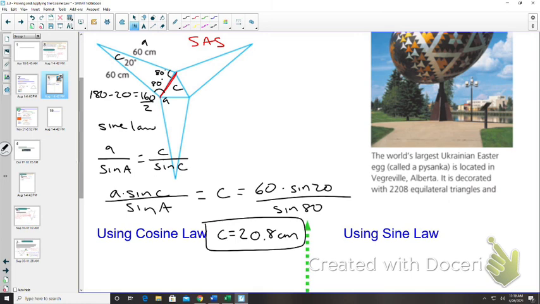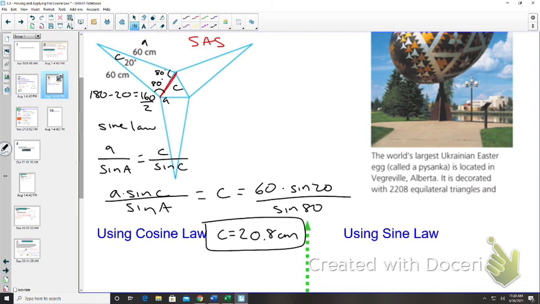Emery, did you do cosine law or sine law here? Cosine. Okay, great. Depending on what information you are given in the question, you need to analyze your givens. If you're given a matching pair in side length, you can find the side length using the sine law.